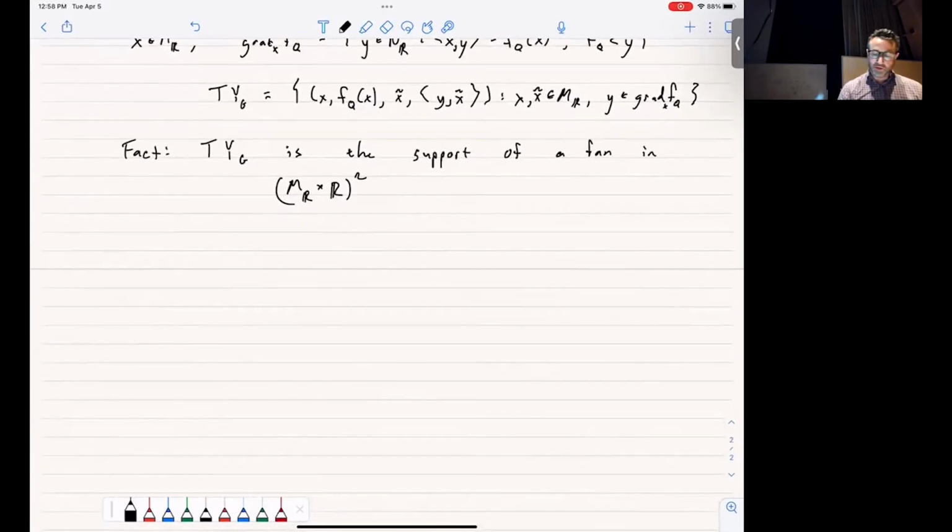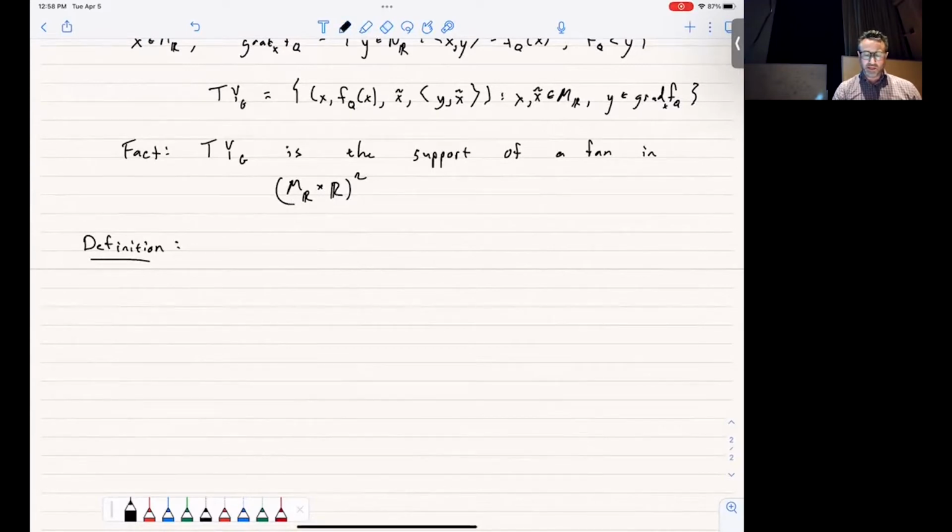To define this fan, I need to define a very simple polytope that we can derive from Q, which I'll call the graph polytope. How do we define it?